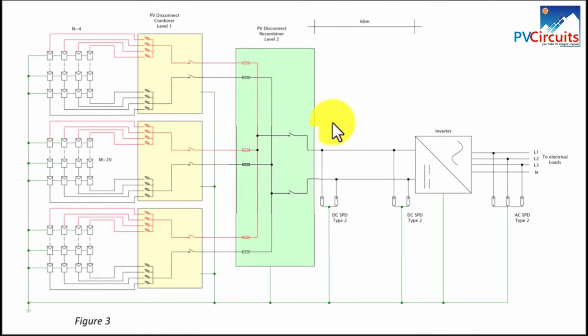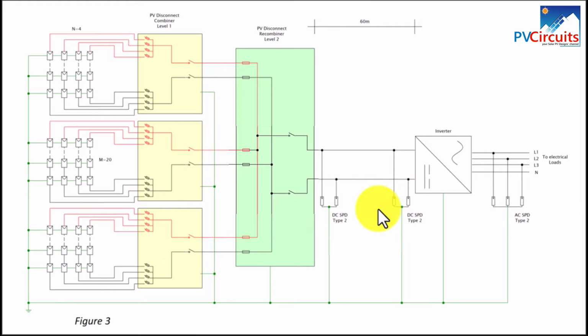In this arrangement, we also note that we have a DC SPD between the level 2 combiner and the inverter. The distance between the level 2 combiner and inverter is 60 meters, and that is why we have these two SPDs here.